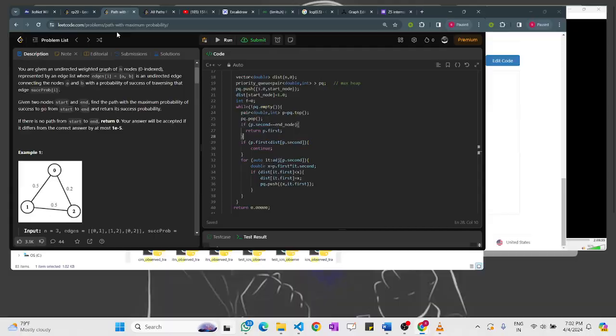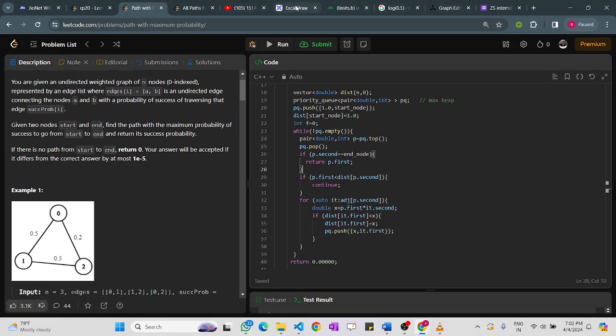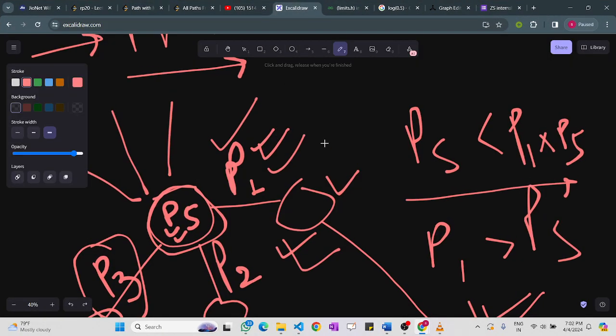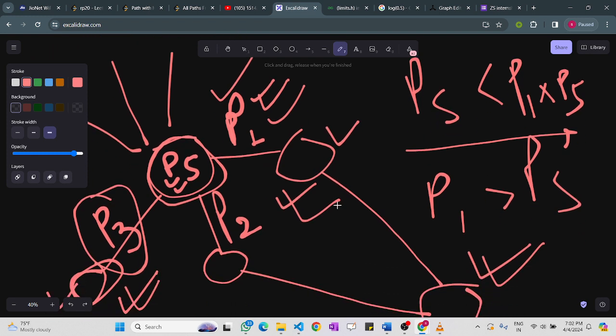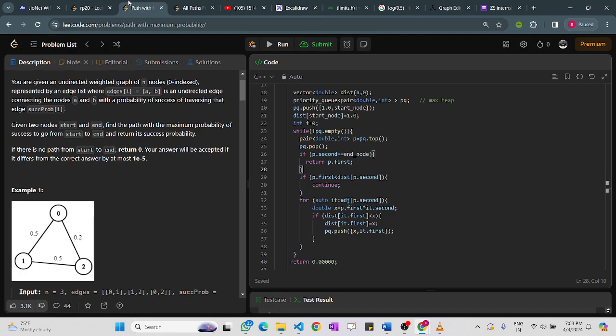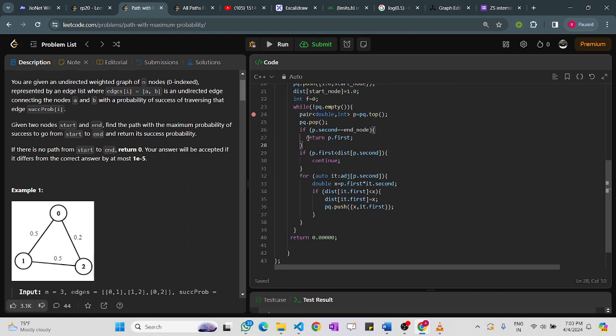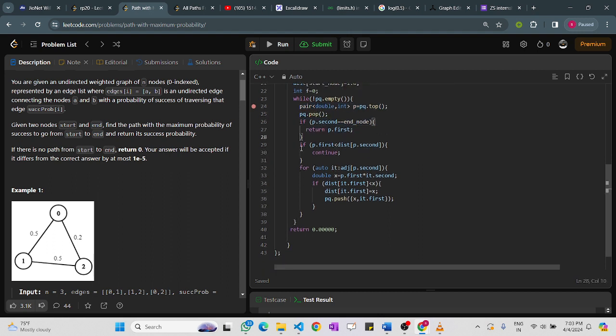Like we always have to take care about this: if the current probability is lesser than the probability we have, then we just have to continue with our iteration. We don't have to go further, because this probability will not give you the maximum product of the probability further. So no need to consider this probability. This thing we have discussed.